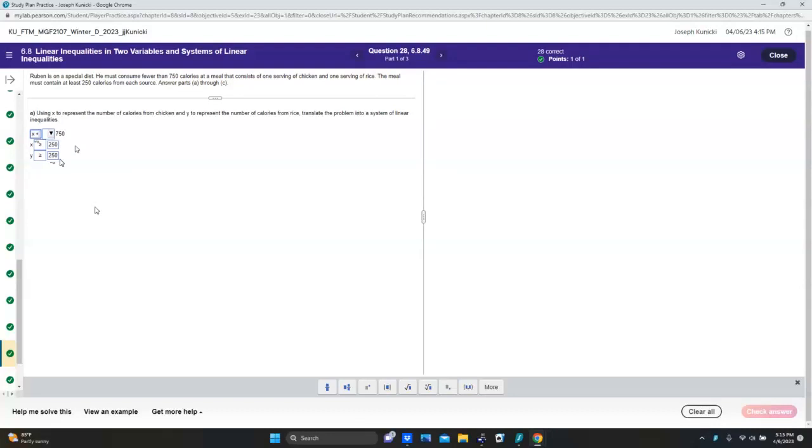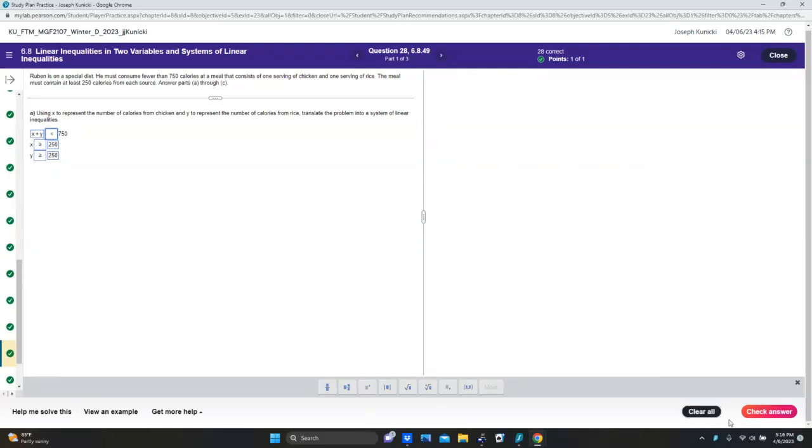So X plus Y, and I'm not sure why they do a dotted line here, but they do less than. So there's my constraints, right? The total has to be less than 750 of X and Y, calories from chicken plus calories from rice. So X plus Y is less than 750, but they're both at least 250.